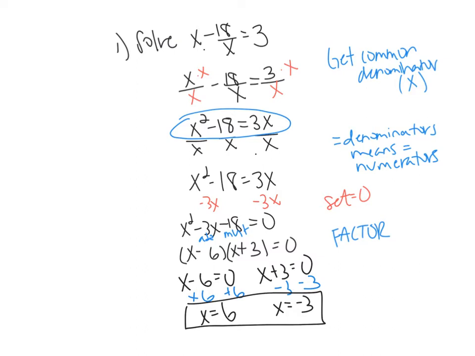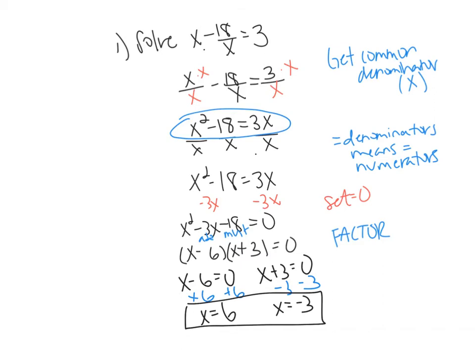You can also plug it in. 6 squared is 36, minus 18 is 18. 6 times 3 is 18, check. Negative 3 squared is 9. 9 minus 18 is negative 9. 3 times negative 3 is negative 9. That checks as well. So two answers for this rational equation: x equals 6 and x equals negative 3.